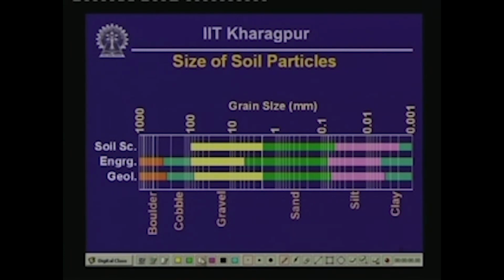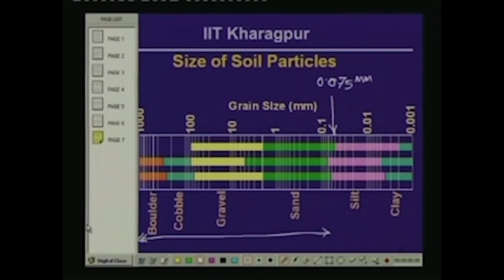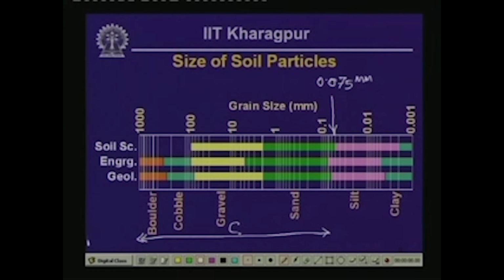What we have seen is that soils coarser than approximately 0.075 millimeter are called coarse grained soils, and the soils that are finer than 0.075 millimeter are called fine grained soils.